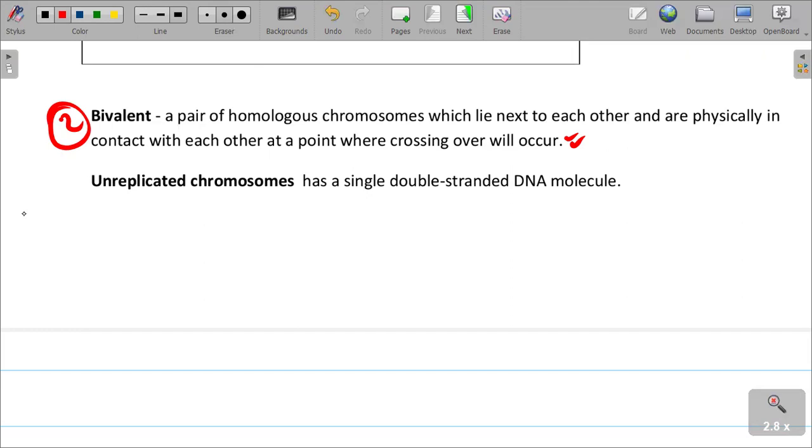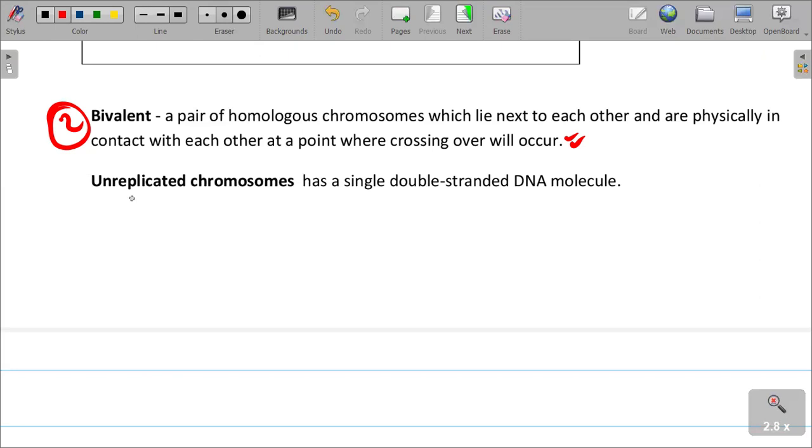The point is that when a pair of homologous chromosomes lie next to each other and are physically in contact, a process of exchange of genetic information, defined as crossing over, is possibly going to take place. So that is what we call a bivalent.